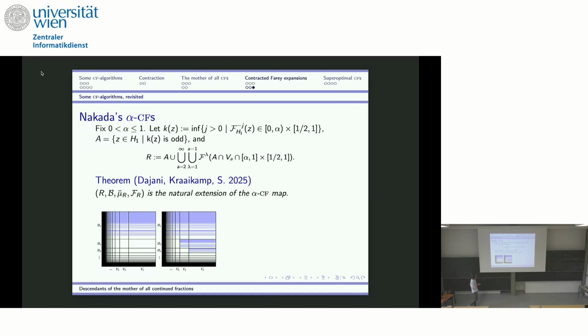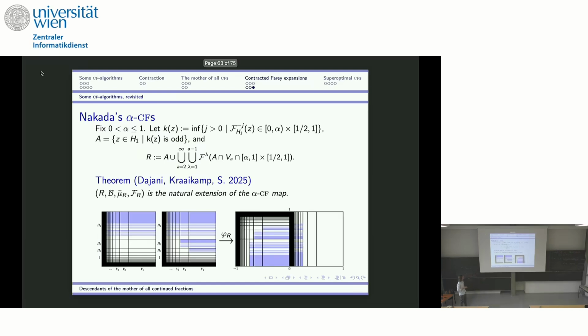Okay, and we can show that this induced system, on this particular R constructed in these lines, is the natural extension of the alpha continued fraction map. So this gives a new construction of the natural extension for these alpha continued fractions. And the proof, again, uses this two-sided shift space that I talked about before.